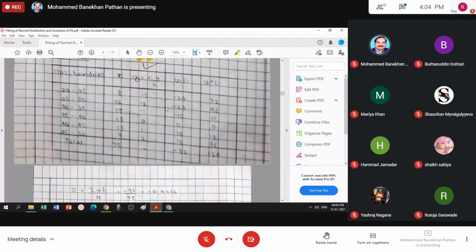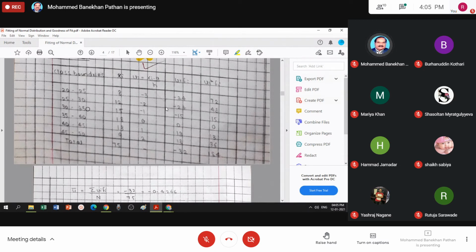Now you get ui equals (xi minus a) upon h. x is the midpoint here, so one column should be there for midpoint. How to get a midpoint? Lower limit plus upper limit divided by 2. So the first midpoint is 22.5. 22.5 minus A. A is the middle of this data. 1, 2, 3, 4, 5, 6.